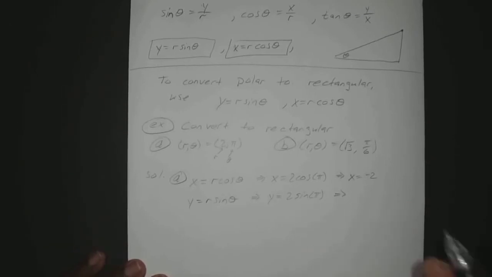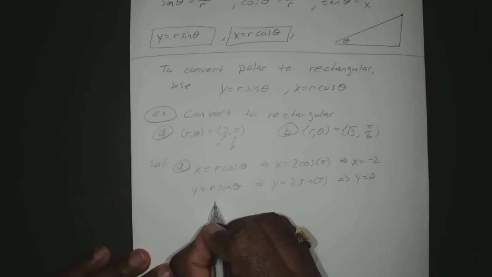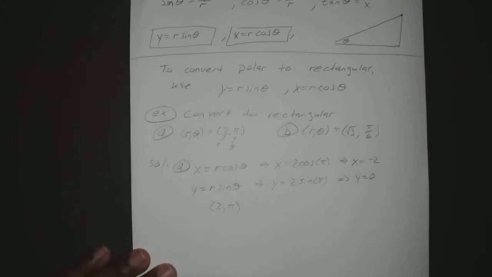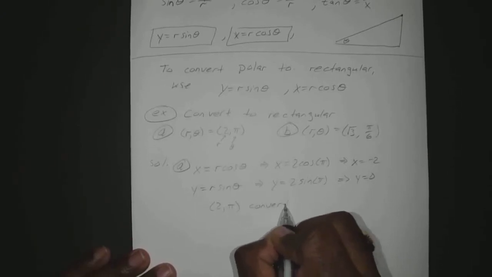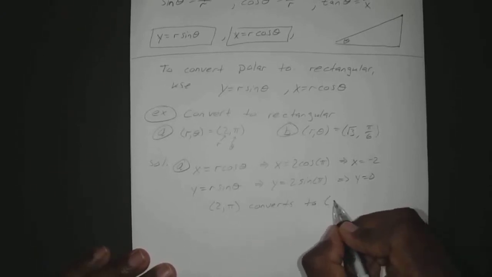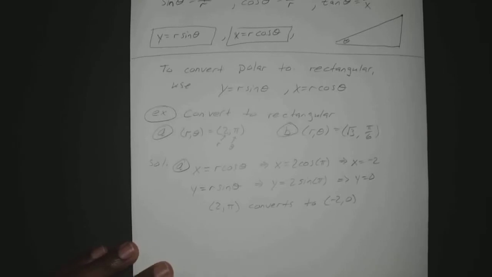Since sine of pi is 0, you get y equals 0. So the polar point 2, pi converts to negative 2, 0. I told you that one's pretty straightforward. Nothing really tricky about it.